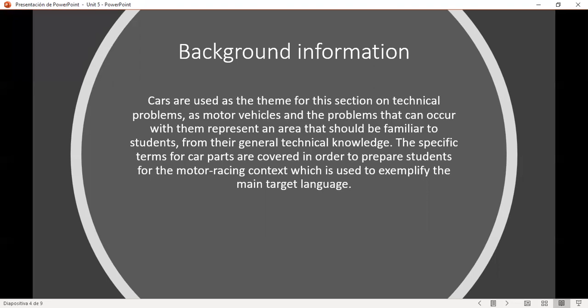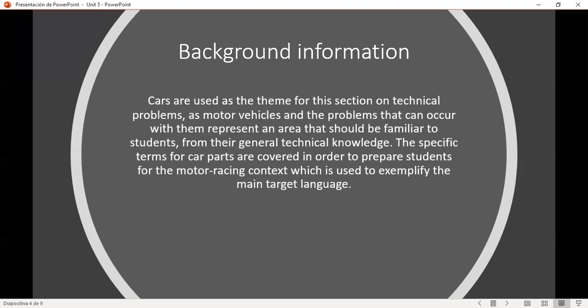So for this section, we might talk about motor vehicles and the problems that can occur with them, an area that should be familiar to students, in this case engineers, for their general technical knowledge. The specific terms for car parts are covered in order to prepare students for the motor racing context.